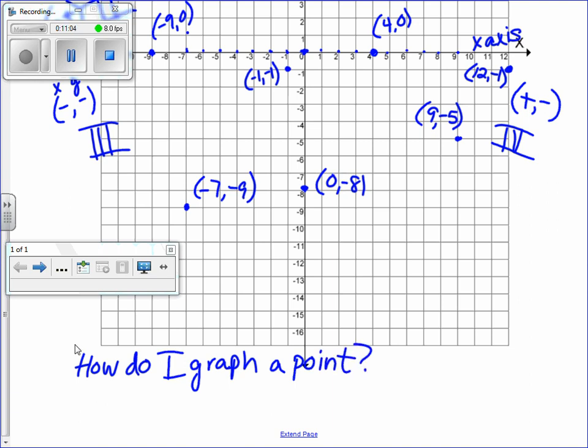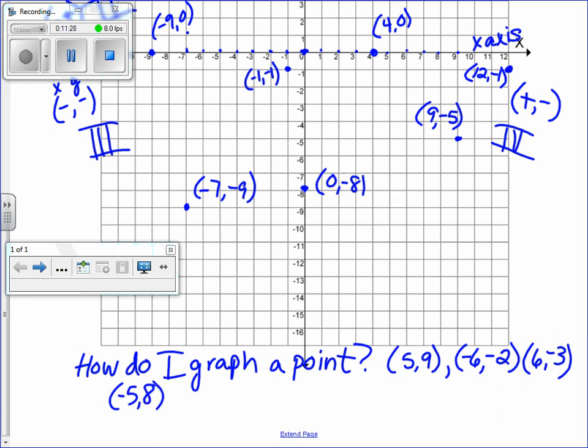And if you need an example, go ahead and use, let's say, 5, 9. Or you can say negative 6, negative 2. Or you can say 6, negative 3. Or finally, go ahead and use negative 5, 8.